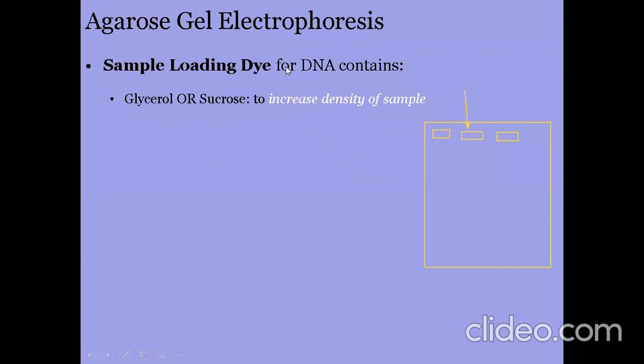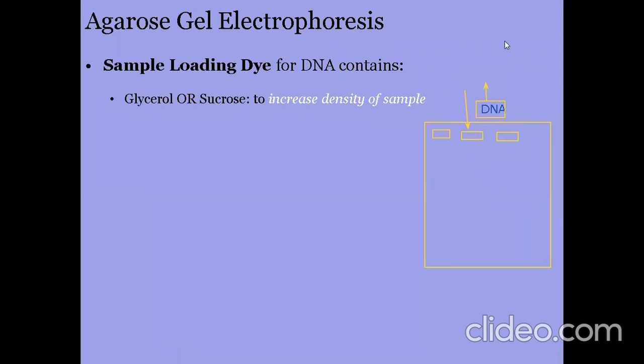So there could be a problem that the DNA or RNA tends to move out of the well, and could not settle down in the well. So for that we need to add something heavier that could settle down this DNA briefly in these wells. So what could be done?